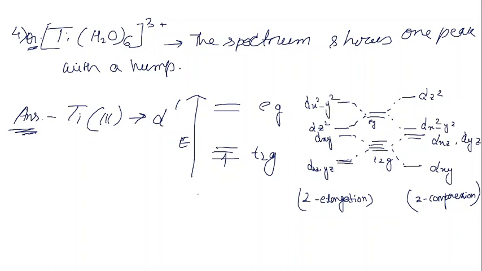Now I have to see where, if I put the electron, the energy will be lesser. Okay, so one electron is here, and if I put one electron here, where will the energy be lesser? Let's calculate the CFSE.